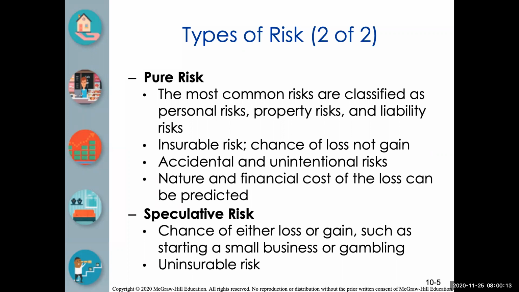So they can predict pretty well what portion of the potential losses they have sitting on their balance sheet are going to occur, when, and how much those instances are going to cost them. So it's important that you understand that pure risk is predictable and insurable.